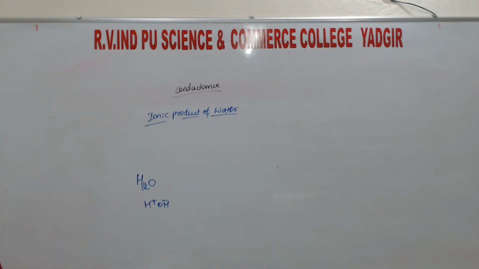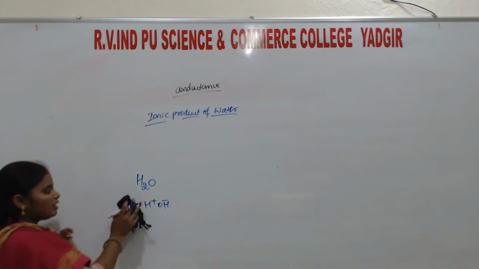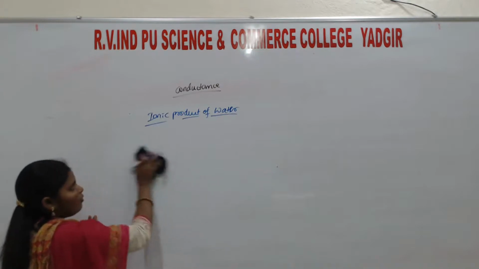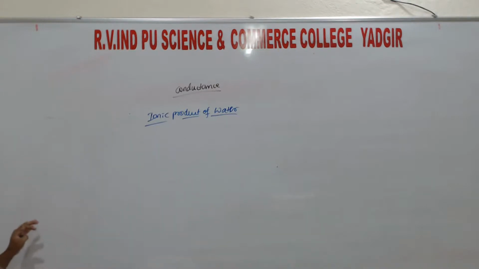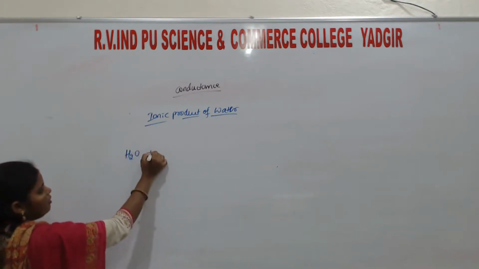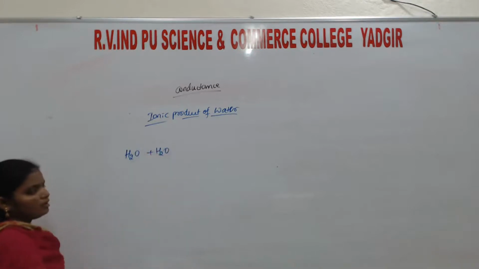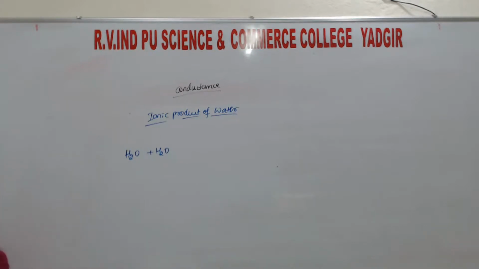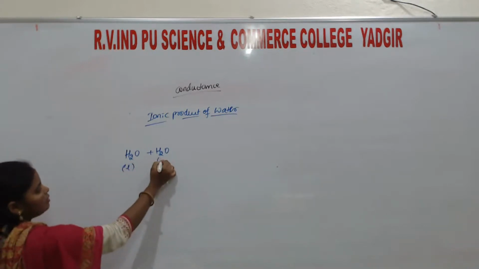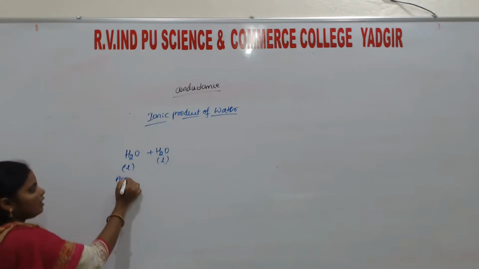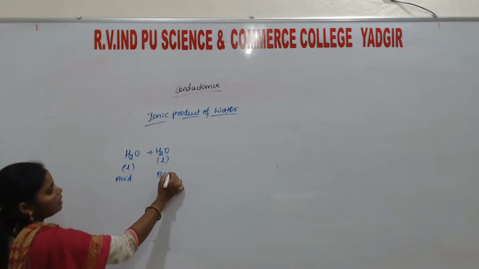In fact, this donating and accepting of protons in water molecules is called the ionic product of water. Here liquid water H2O plus H2O forms hydronium. One is the acid and the other is the base.